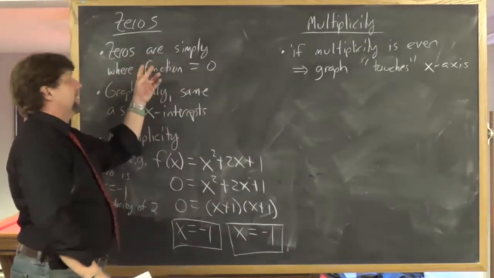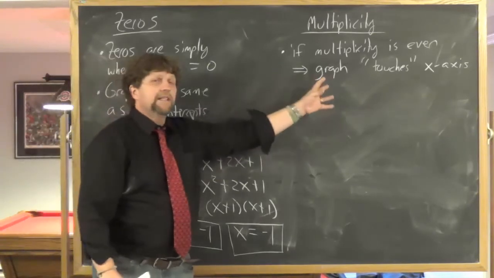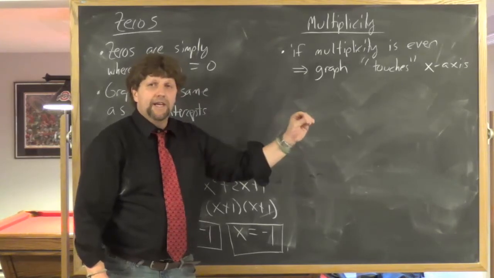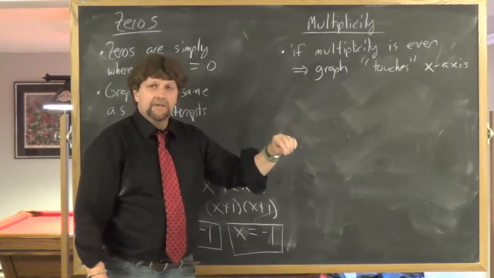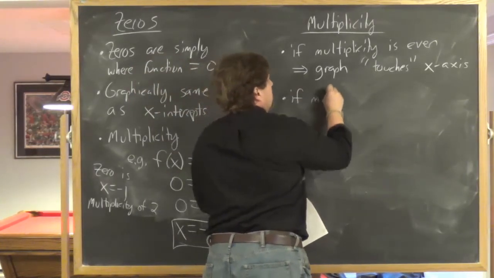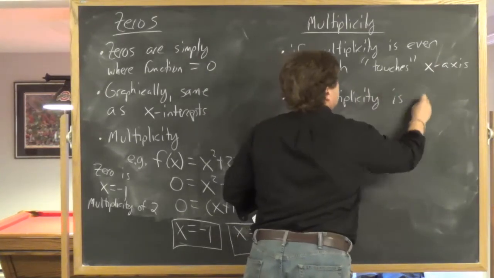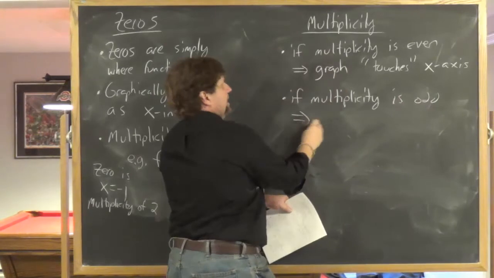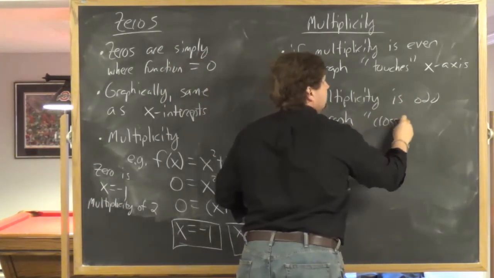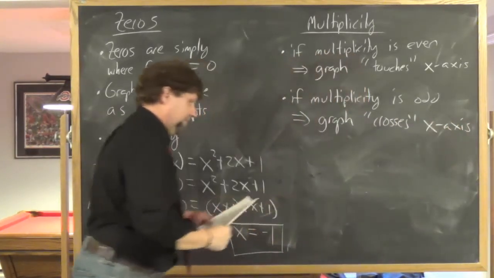Remember, zeros of a function are the same thing as x-intercepts. So if the multiplicity of a 0 is even, the graph is just going to touch the x-axis at that particular 0. Whereas if the multiplicity is odd, that tells us that the graph crosses the x-axis at that 0.